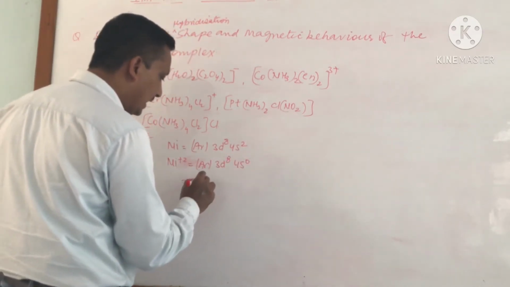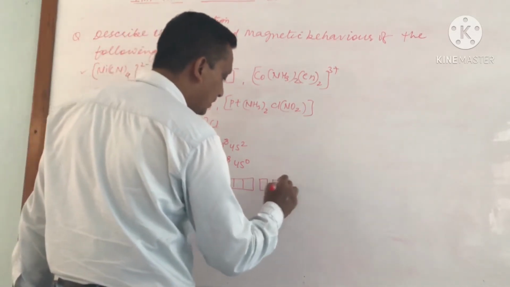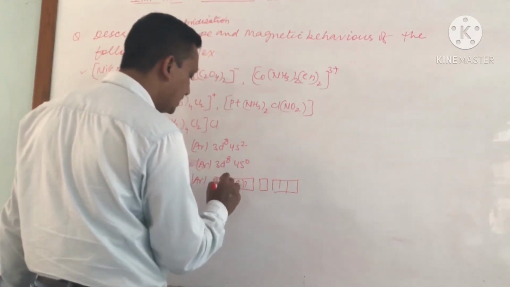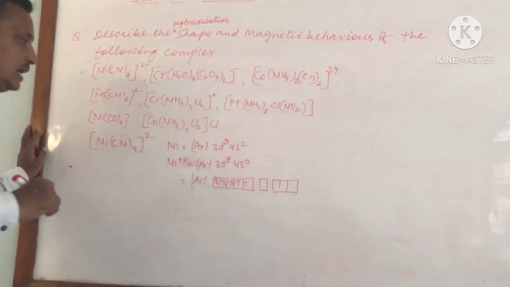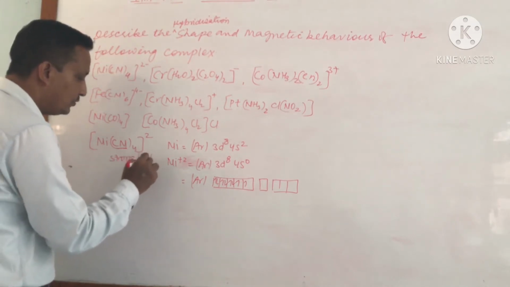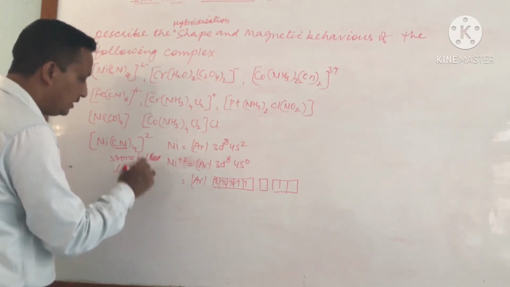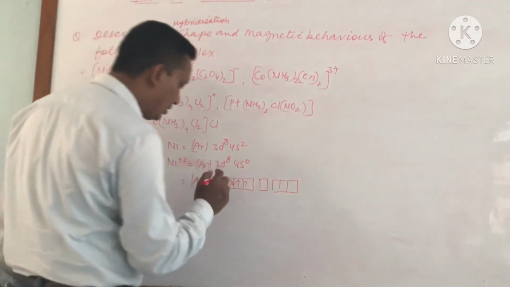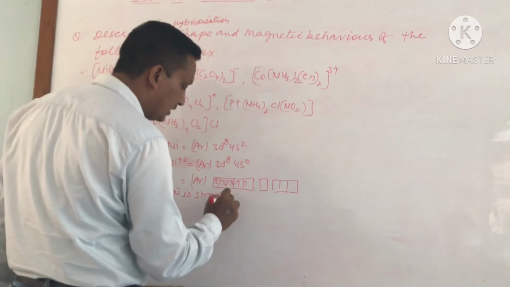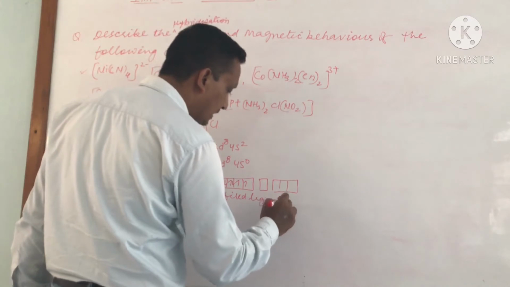So we write argon, then the d orbitals 1 2 3 4, then the s orbital, then the p orbitals. We have filled 1 2 3 4 5 6 7 8 electrons, and we know that CN is a strong field ligand.